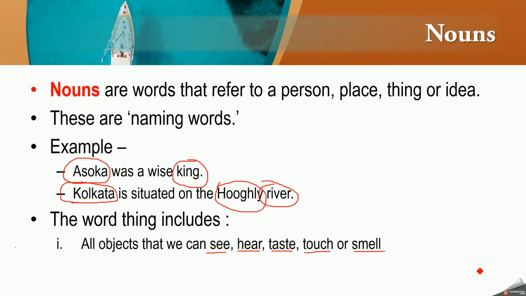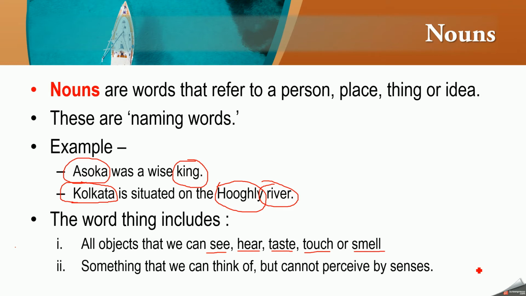Any object is anything tangible which we can touch. Something that we can think of but cannot perceive by senses. This is the first category, which consists of tangible things. The second category consists of intangible things, like the abstract one, which represents an idea, a quality, or a state.